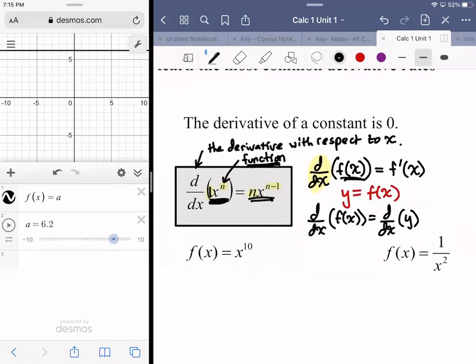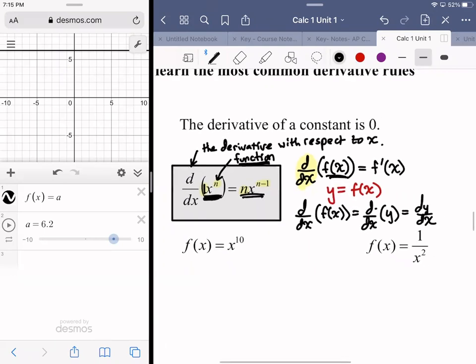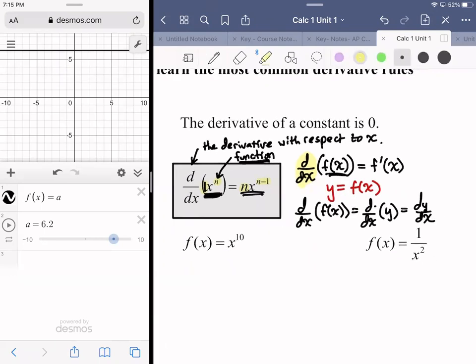A shorthand way of writing that, if I combine the d and the y, would be dy dx. dy over dx, which is saying the derivative of y with respect to x, all of which is equivalent to f prime of x.